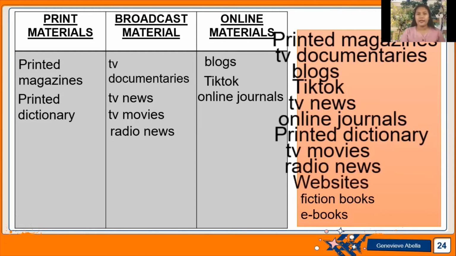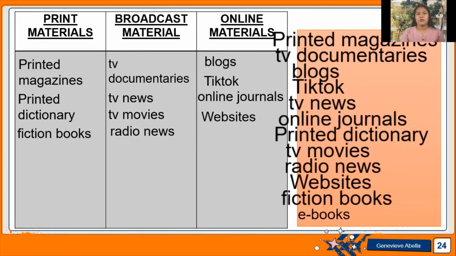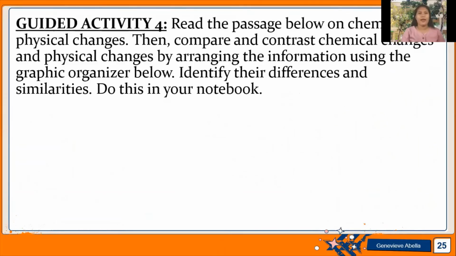How about the websites? That's right, it belongs to the online materials. The fiction books. It belongs to print. How about the ebooks? Very good. It belongs to the online materials. So I think all of your answers are correct and you did a great job. Let us now proceed to our fourth guided activity.